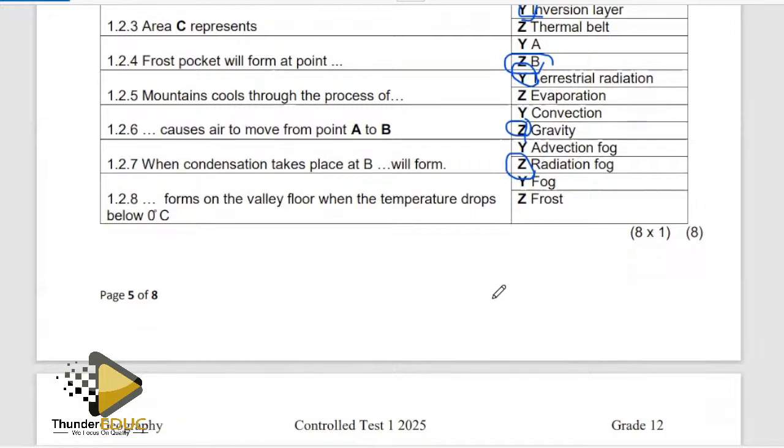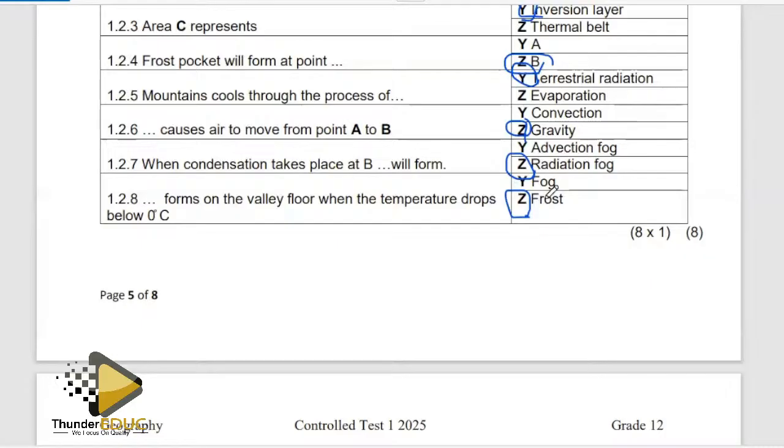When we have moisture in the air and the temperature is at 0, the moisture freezes to form ice. So when it drops below, it forms frost. That is how our frost pockets form in the valley floor. Right. So that is basically how we're supposed to answer that question.